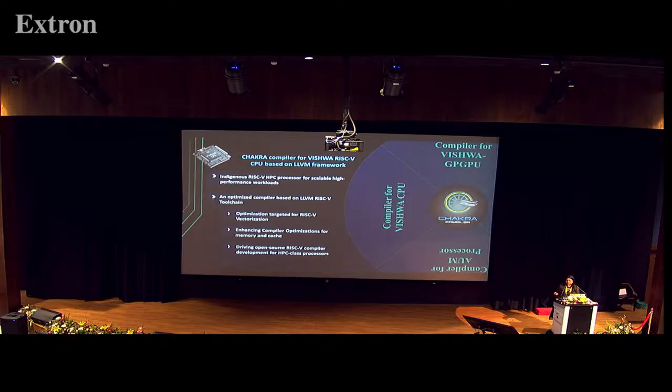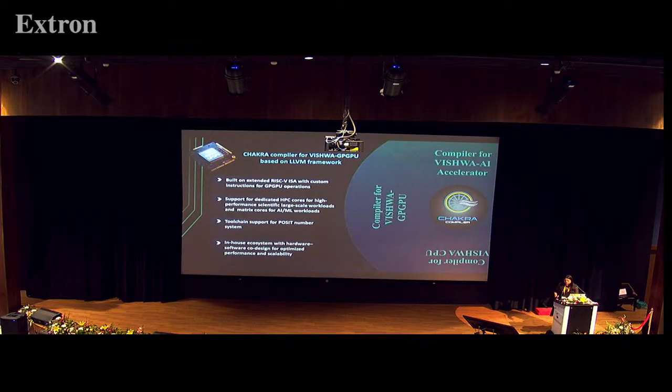The x86 and ARM ecosystems are already evolved, but we are collaborating and contributing to the open source community to make it more robust and stable for the HPC class as well. The same kind of optimizations I was talking about, mainly vectorization and loop-based optimizations, are what we have started with.